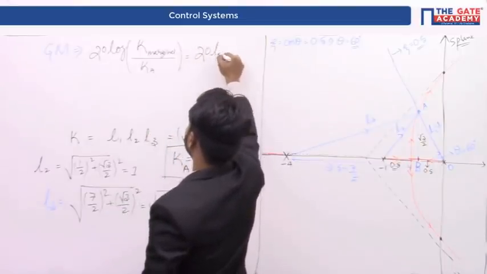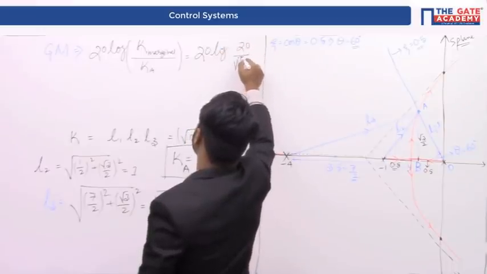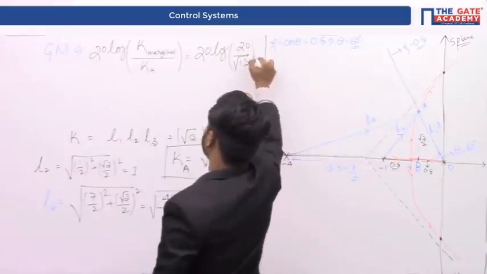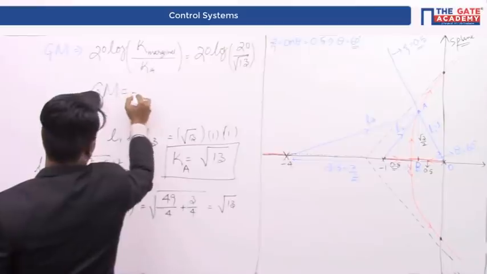This is 20 log of 20 divided by root 13. Therefore, the value of the gain margin you are going to get will be equal to how much?